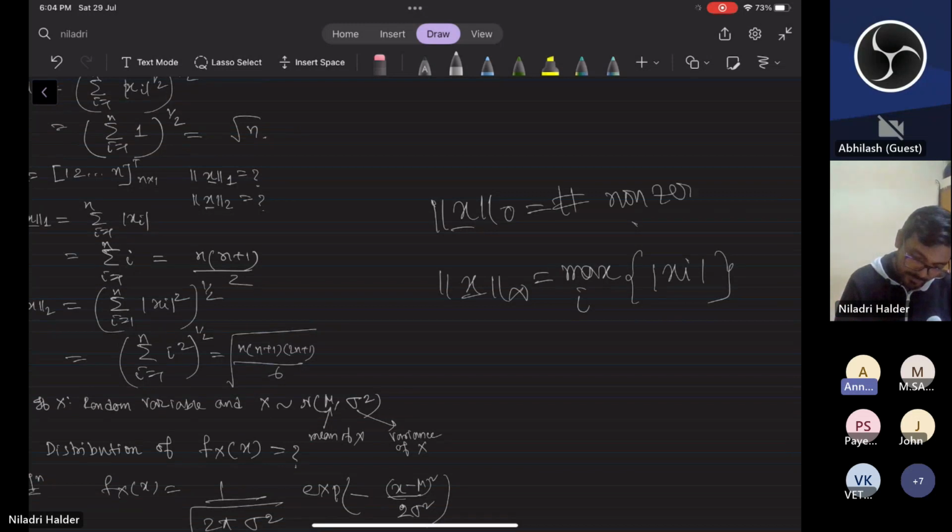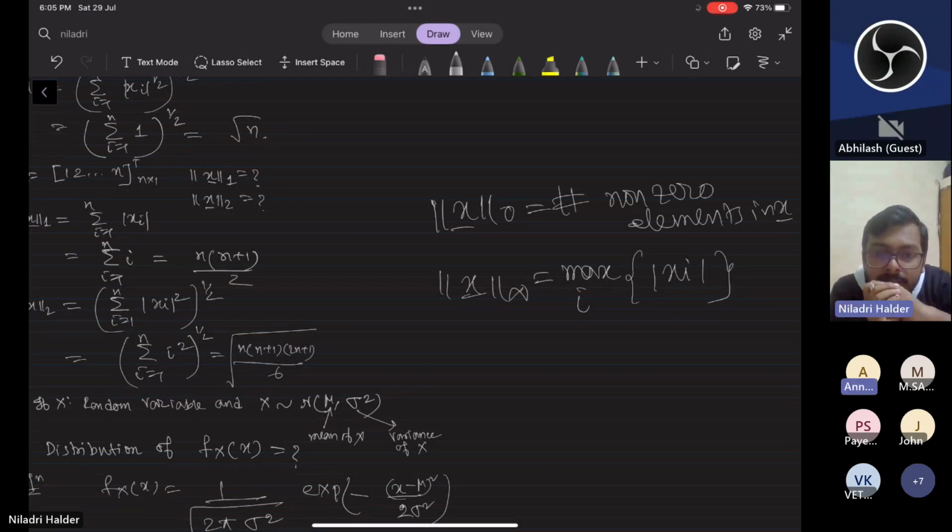Can you provide figures for these norms like 1, 2, and infinity? Can you repeat? A graph of these norms, because we can't visualize it, and it will be better for us to visualize. Okay, graph of all these norms.